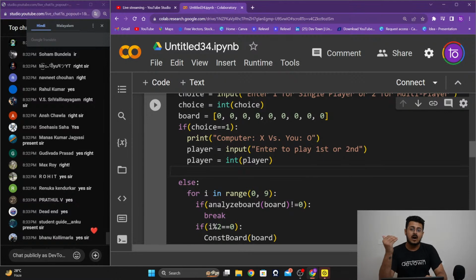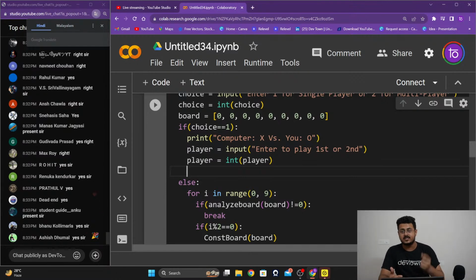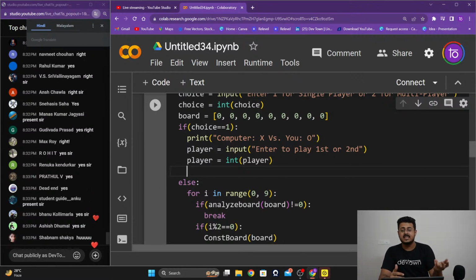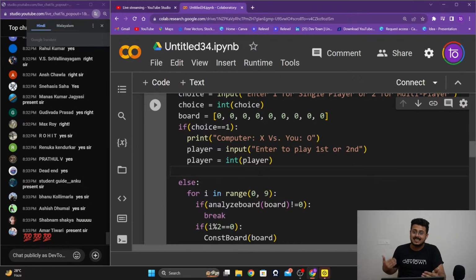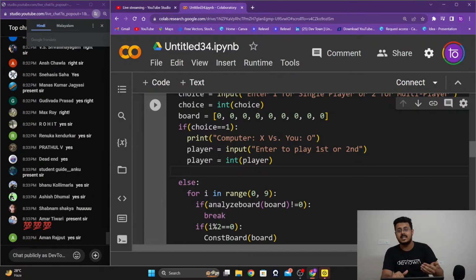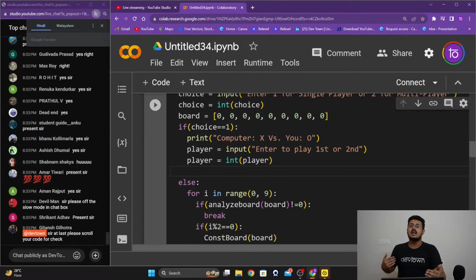If the human player selects that I want to play first, then he's the even one, right? The 0th index, that is the first particular gameplay, will be done by the human player. But in case he selects 2, then first it will be the computer's chance and then the human's chance. So the 0th index will be basically for the computer and the first index will be for the human. So we don't know in which particular case the human will be working.